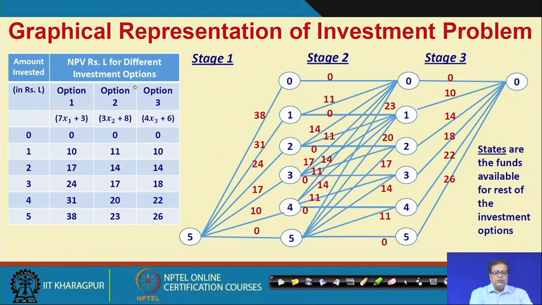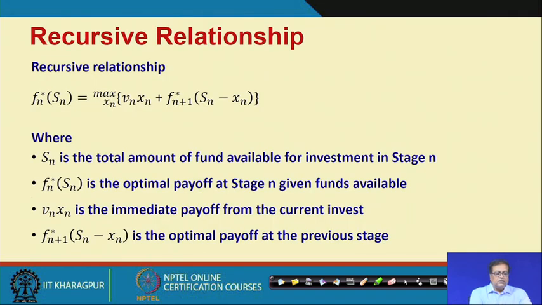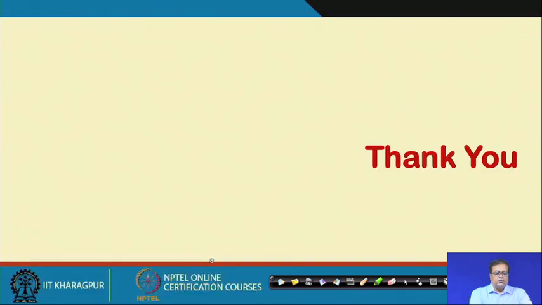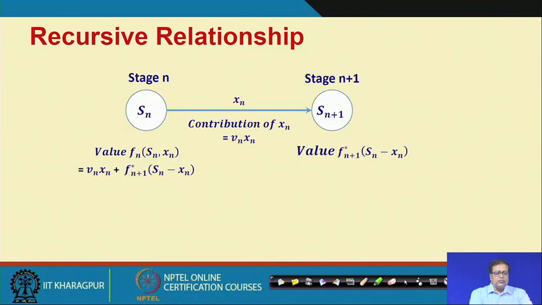Or even the other equation, where we wrote this value at a given stage is equal to the investment at this stage and the optimal from the previous stage.